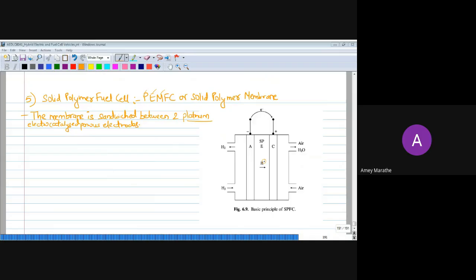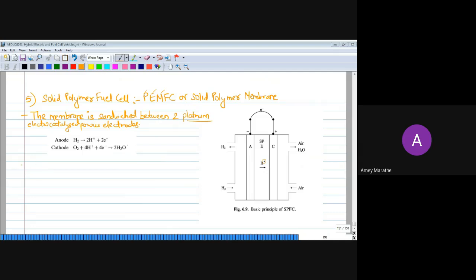The electrochemical reaction which takes place in this particular fuel cell is given by this equation. This is the electrochemical reaction which takes place at the anode and the cathode.